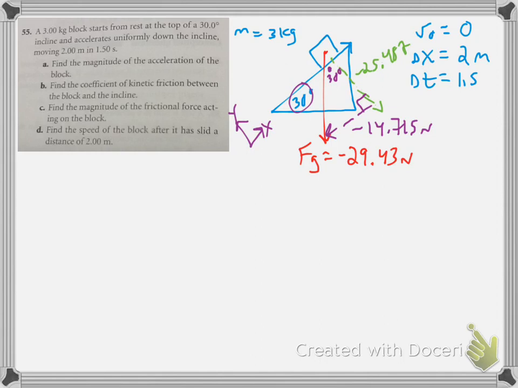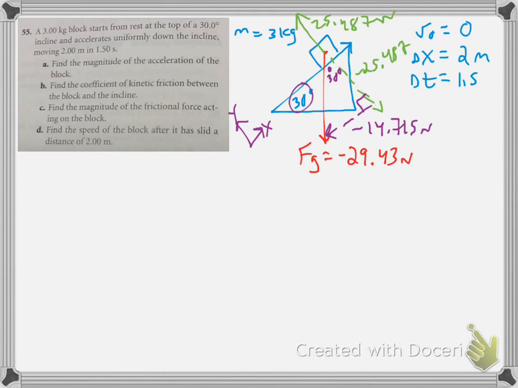And so if there's negative 25.487 newtons going down, that means I have a normal force of equal magnitude because my box is staying in contact with the ramp. It's not floating away and it's not falling through the ramp. So it has to also be 25.487 newtons.